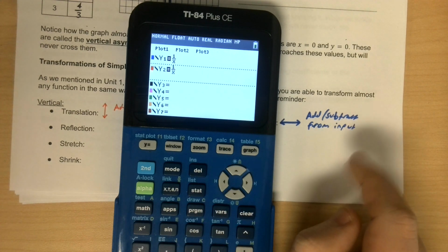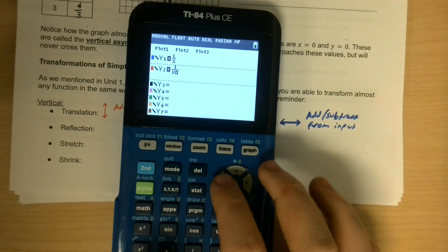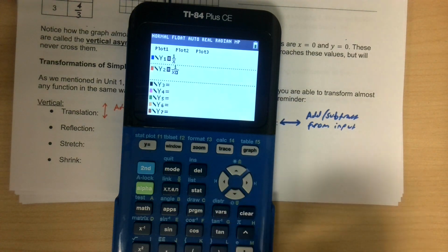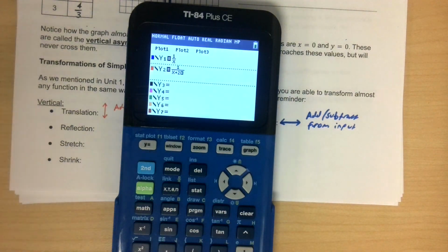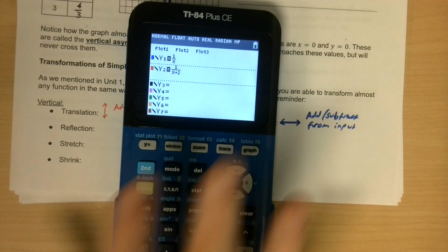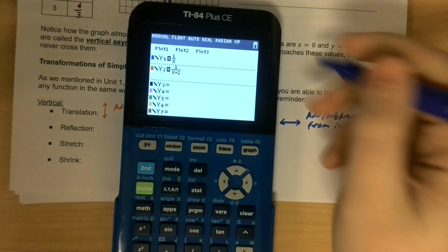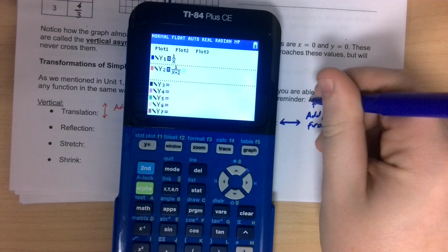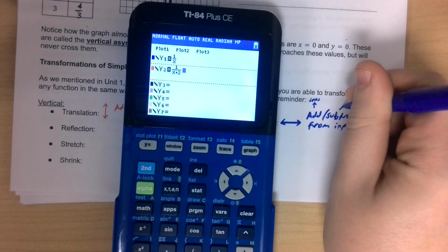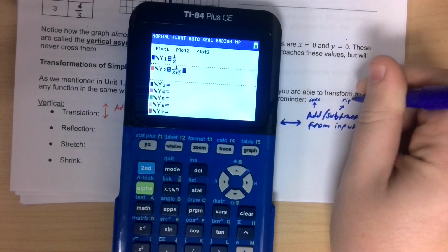Input is another way of saying our x variable. So if I add 2 to the x, how might this change things? Before we see the graph, remember that when you add or subtract from the input, adding is actually going to move it to the left, and subtracting is what moves it to the right. It's like the opposite.